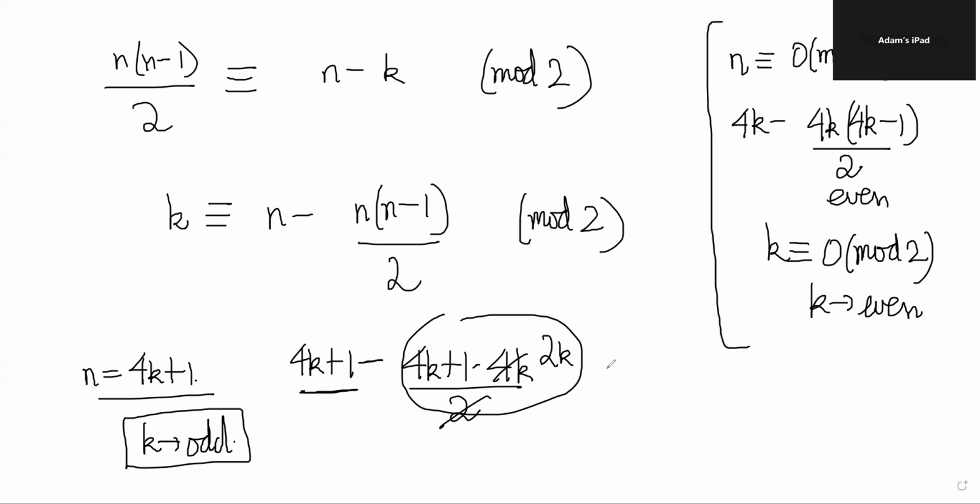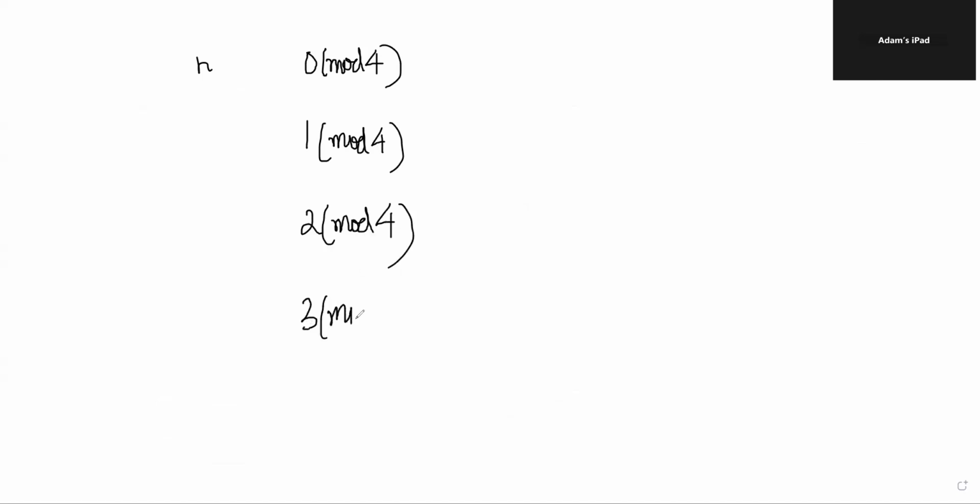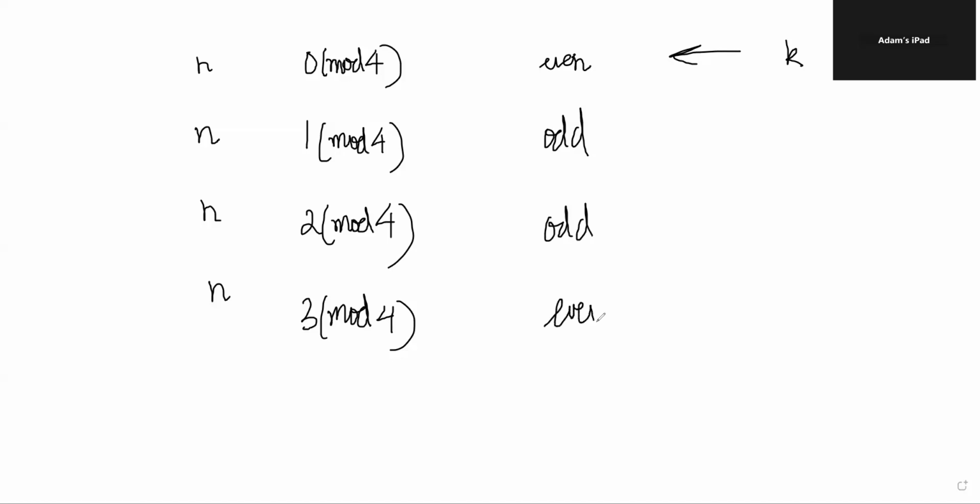So basically, what we end up with is a table where n can be 0 mod 4, 1 mod 4, 2 mod 4, and 3 mod 4. And in those cases, k is even, odd, odd, or even.